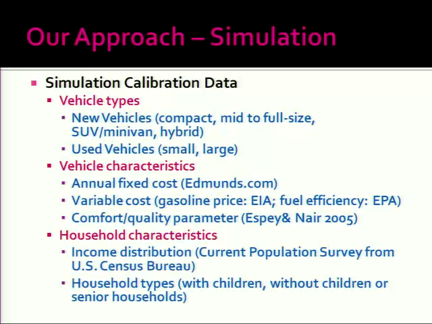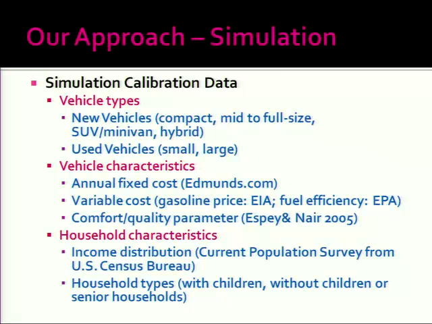And then we collected some household characteristics on the US population, how the income is distributed, and what are the different types of households. And again, that's broken down into very big groups, 3 different types. And with this very, very little data, we were able to get pretty good results.